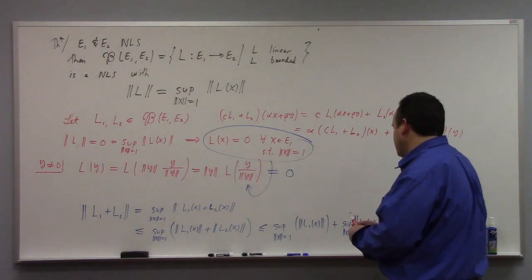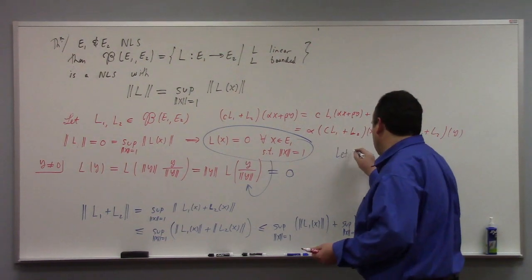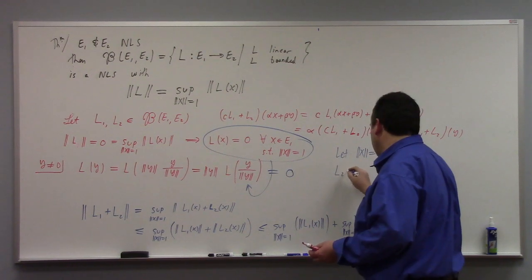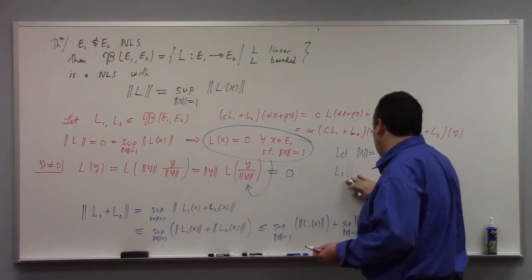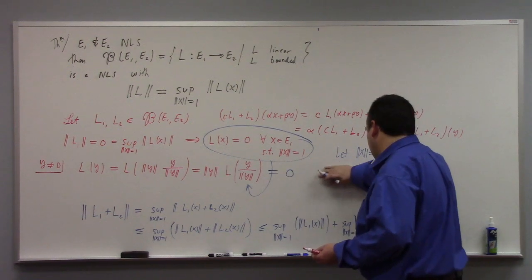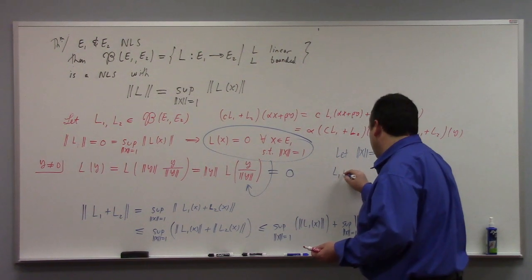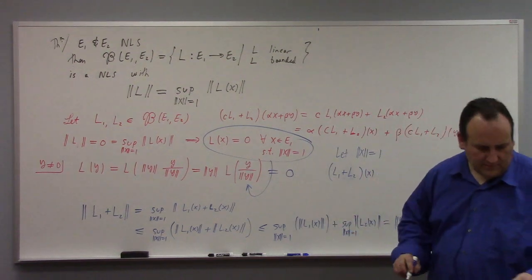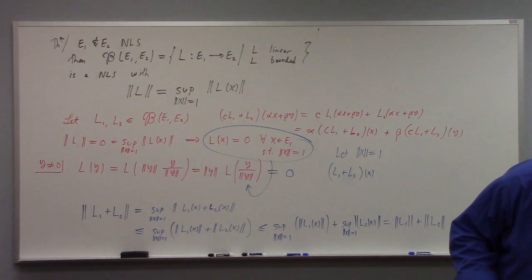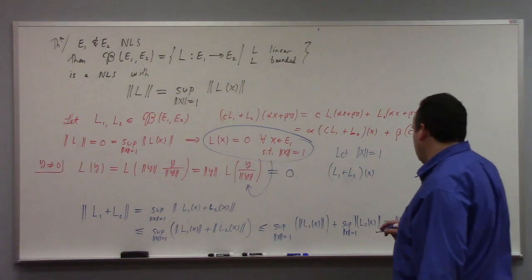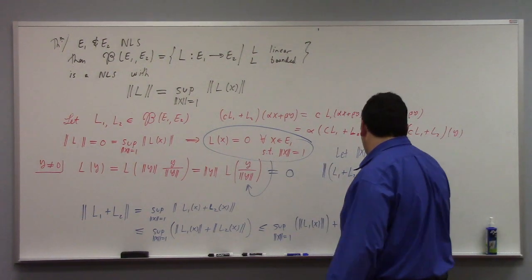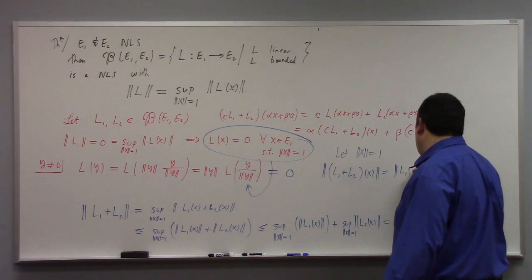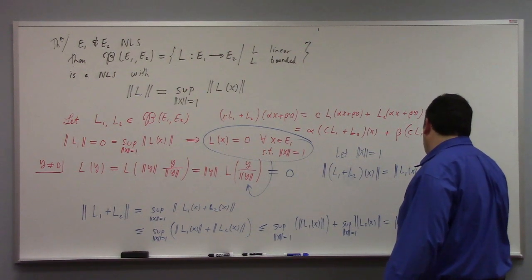So he's like, let the norm of x be 1, and then look at L1 plus L2 of x. He doesn't even use the sup norm to get from your step 1 to your step 2. So this is like the norm of L1 of x plus L2 of x, like that.